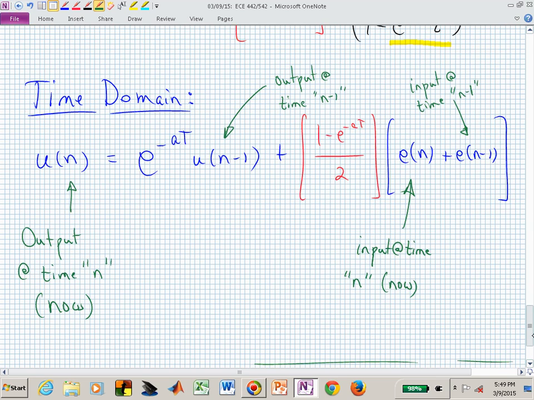Is this expression clear? Just think you have this string of numbers E coming through. You can now multiply the sum of E now and E one time step before, scale that by red, and add that to the output one time step before, and now you have the signal of the output now.